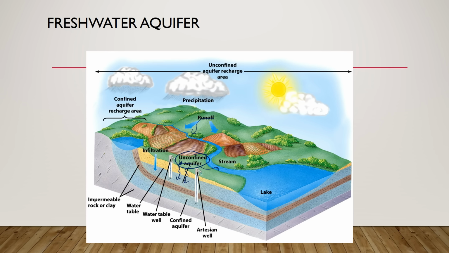Now, a confined aquifer generally tends to be deeper, and essentially, there's an impermeable layer. Typically that's going to be clay, by the way. Sometimes it could be something like shale, but typically we have a layer of clay. And clay is not good at letting water percolate through.